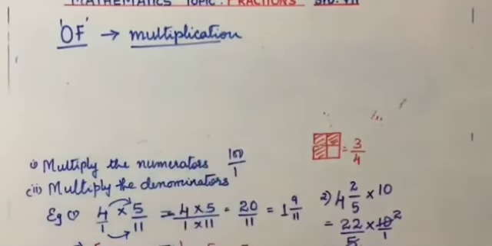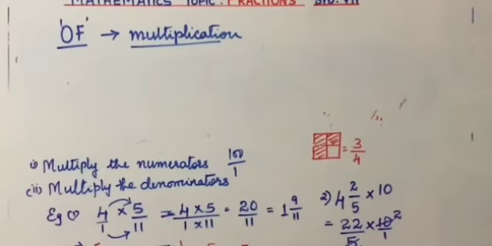How? Let me give you simple examples. If I ask you, what is half of 100? You will say 50. Is it not? If I ask you, what is quarter of 100? You will say 25. If I ask you, what is 3/4 of 100? Immediately you will say 75. It's easy to guess.